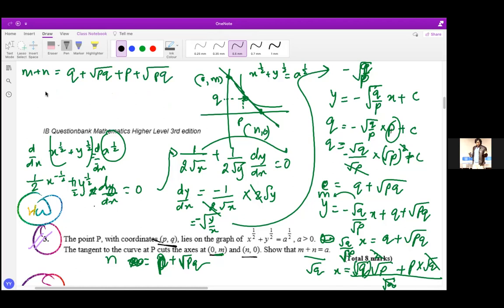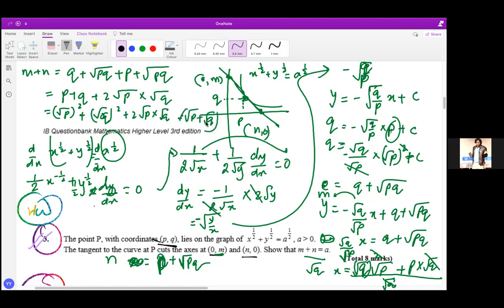So if I add, I get p plus q plus 2 root pq. And if I take this as root p the whole square plus root q the whole square plus 2 root p root q, this is nothing but root p plus root q the whole square.